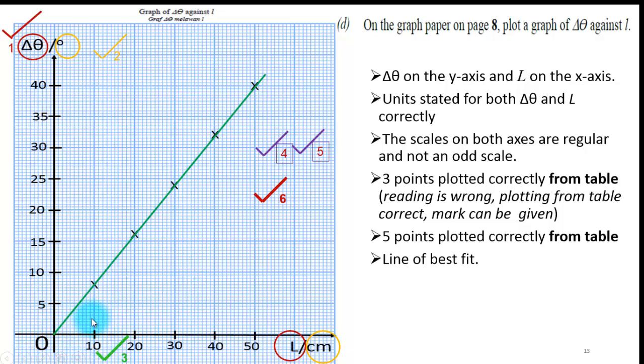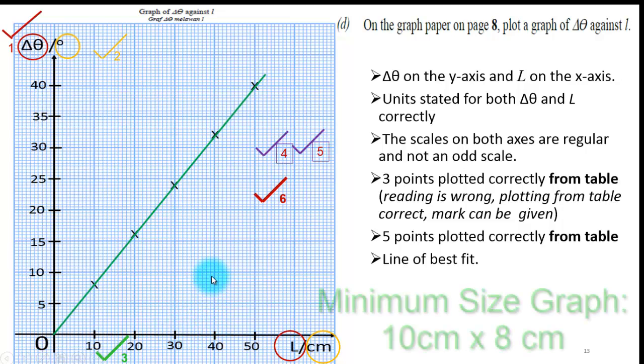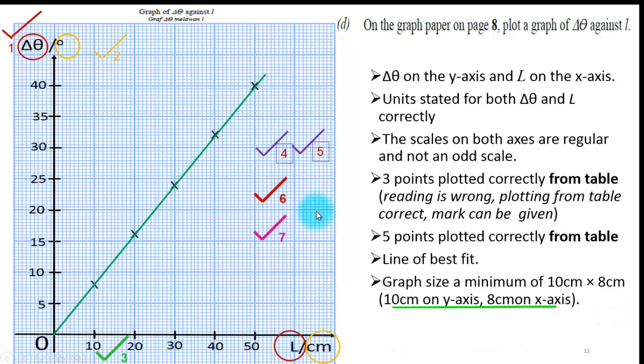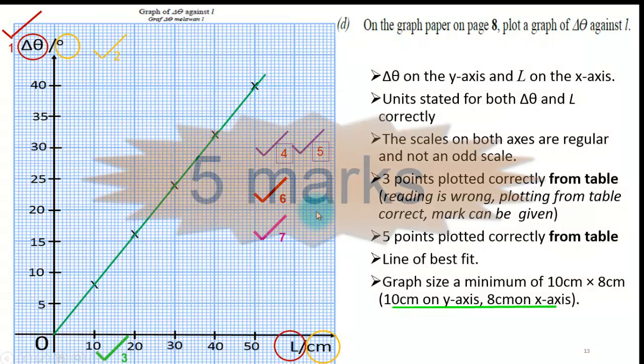So you measure those. This is 2 cm, 4 cm, 2, 4, 6, 8 at least, times 2, 4, 6, 8, 10. Yes, so this will be the minimum size, but now it's already bigger than the minimum size. So with that, you can get 5 marks for the graph.